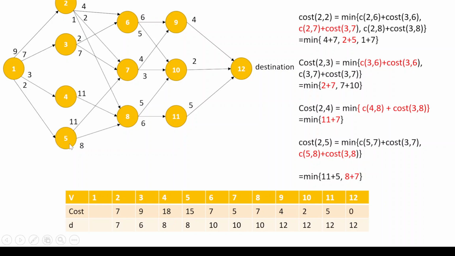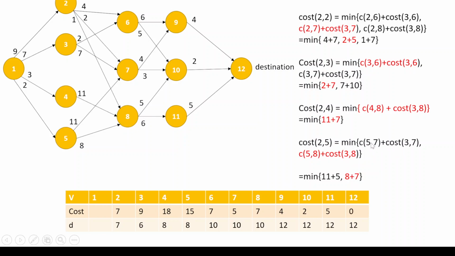Similarly for 5, we have 2 edges going out, so we have to find the minimum. The minimum of the weight of edge 5,7 plus the third stage 7th vertex cost, C of 5 comma 7 plus cost of 3 comma 7, as well as the weight of edge 5,8, C of 5 comma 8 plus cost of third stage 8th vertex.